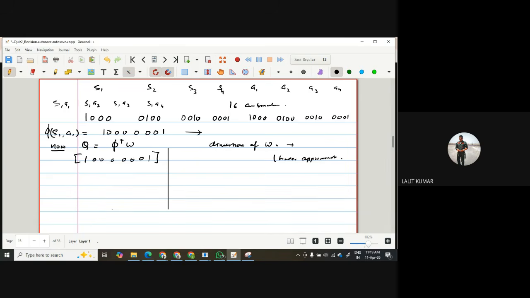I don't know, but I'm initializing 1 0 1 0 1 0 1 0, and I get some Q. Now with this Q, I update W_{t+1} equal to W_t plus alpha into delta, this TD error, into phi. Remember this.